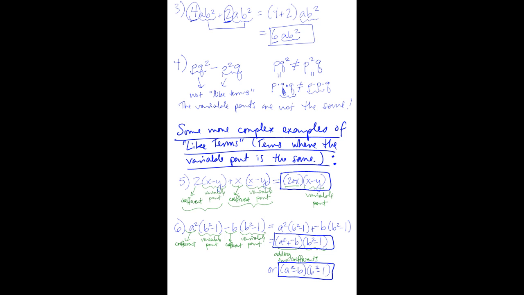So, we know how to simplify polynomials because we know that in order to simplify them, all we have to do is combine like terms. Let's go ahead and do an example briefly.